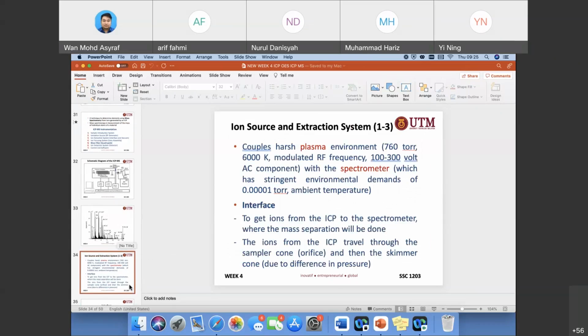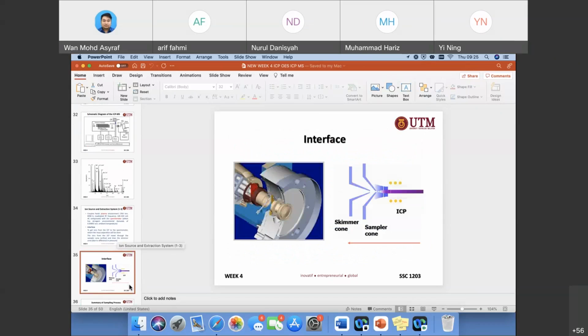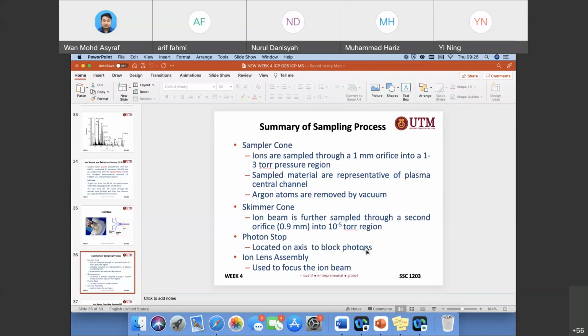All right, so this is the ion source. So this is the interface from your ICP, from your plasma. Your ions will be subjected to a sampler cone, and then moving on to a skimmer cone. So basically, we also have the definition of what the sampler cone is and what the skimmer cone is. So that is what happens to your ions through this kind of filtration, basically.